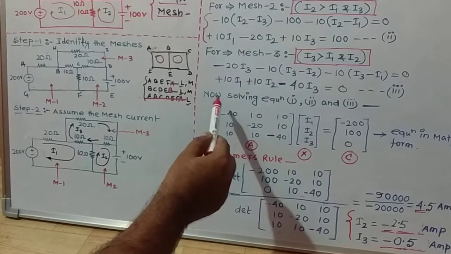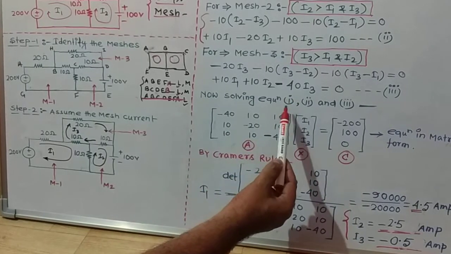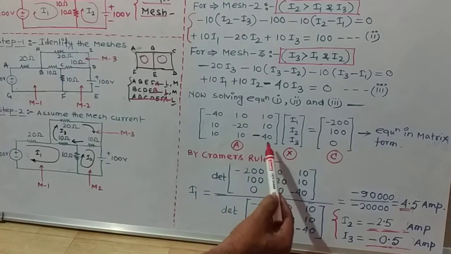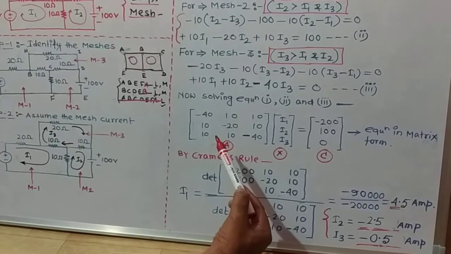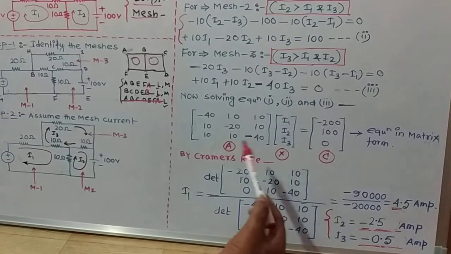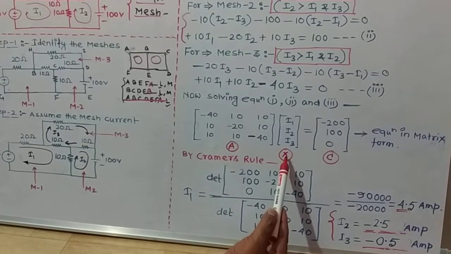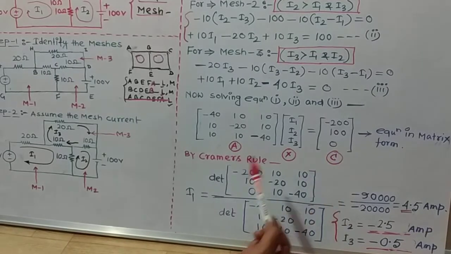By solving further, from equations 1, 2 and 3, I can write this matrix equation of current. I have assumed this is the A matrix, this is X and this is C.